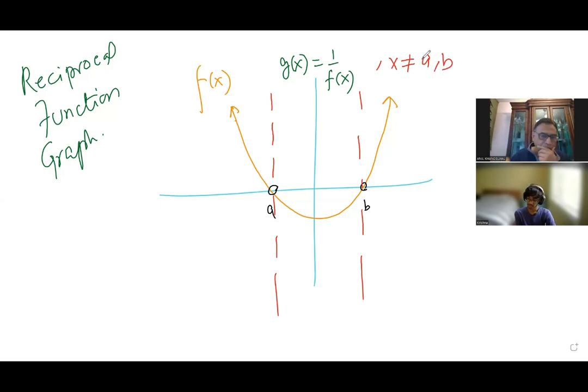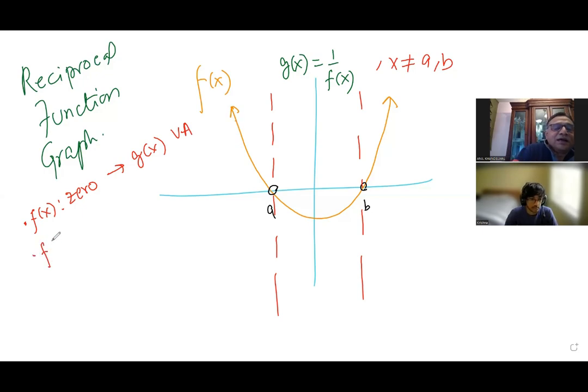Now, the portion which is negative: we know the graph of a negative will be negative. We know a few key points. Where f of x is 0, g of x has a vertical asymptote. If f of x is greater than 0, g of x will also be greater than 0, positive, positive.